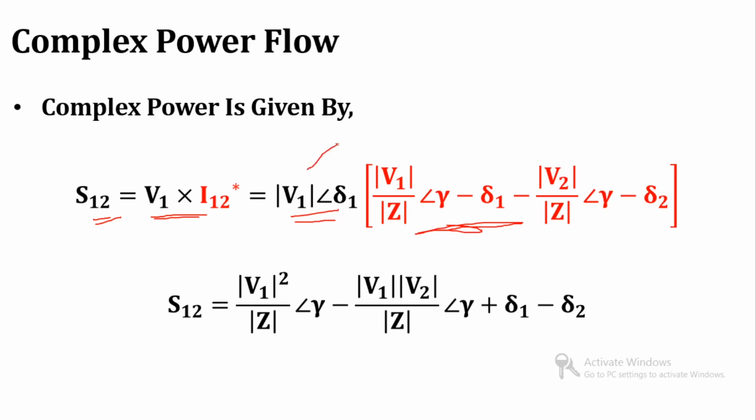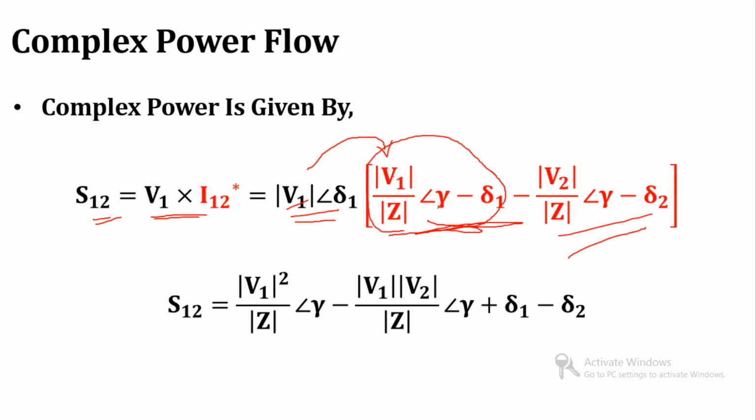So now to find that, we have to multiply V1 at an angle delta 1 individually with these two terms. So first multiply V1 by this term. So that is equal to mod V1 into mod V1, that is equal to mod V1 square divided by mod Z. Now in the case of multiplication, the resultant angle is equal to the addition of all the angles.